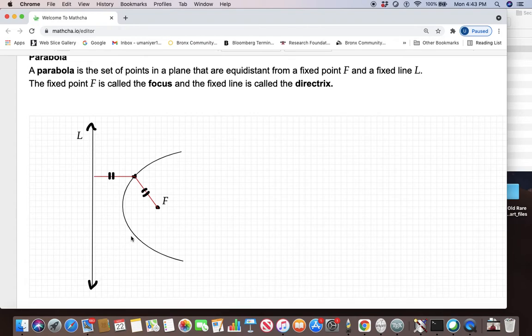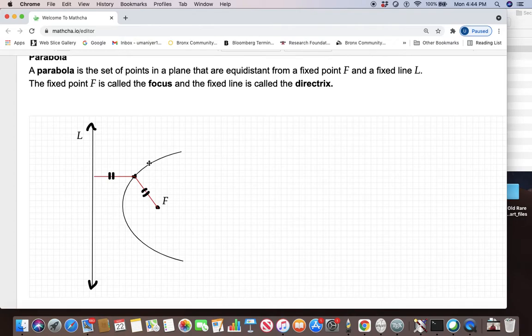Hold these two in place, that is, keep the focus there, keep the line there. Look for all points on the plane which have the same distance from F as from the line. You see, distance from a line is the perpendicular distance. So here is a point. It has this distance which is equal to this distance.